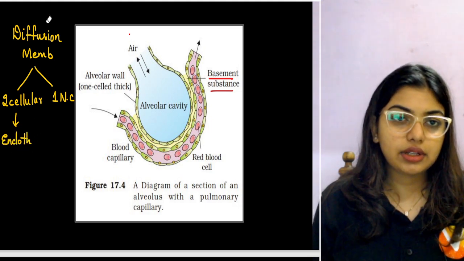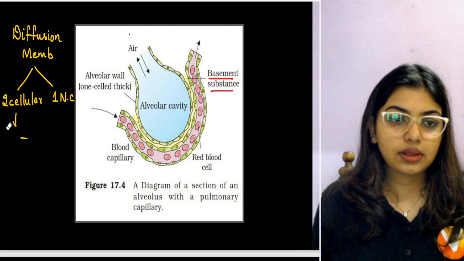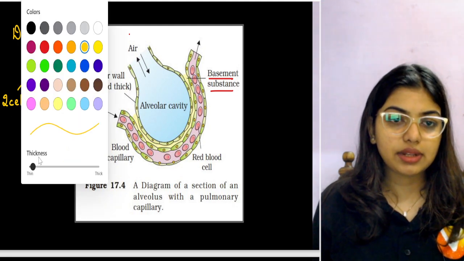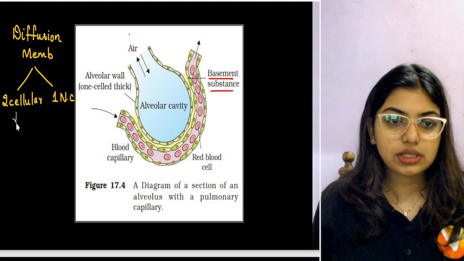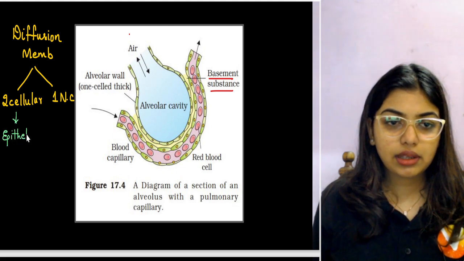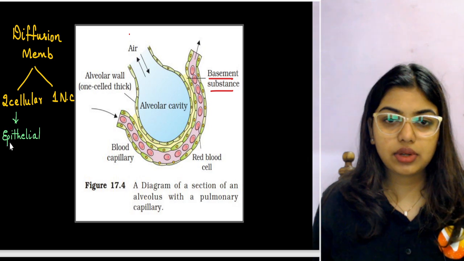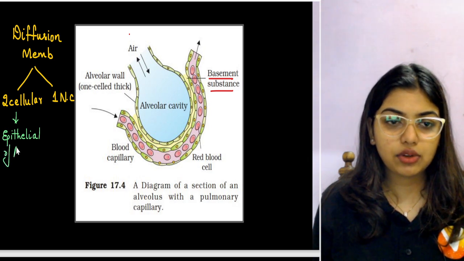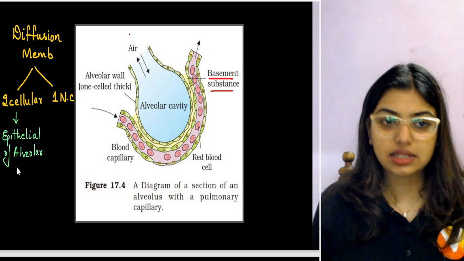I think I'll write it with a different color. I reduce the size of the pen as well. So two cellular layers: the epithelium, the squamous epithelium of your alveoli. Squamous means flat. These are flat cells, what we call pavement membrane.